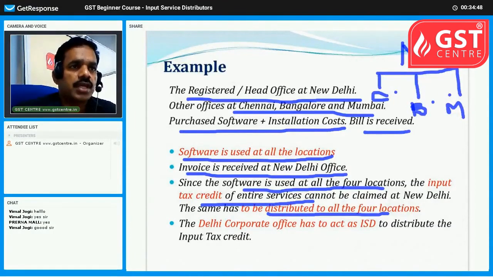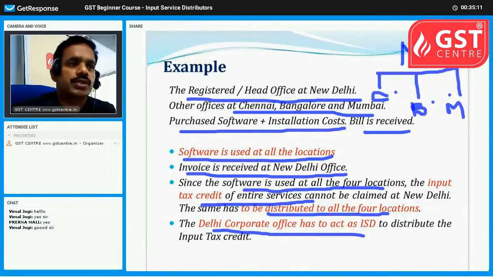Such offices can deduct input tax credit from their tax liability. Okay, so that advantage will be available to all offices. In this scenario, Delhi Corporate Office has to act as input service distributor, and Chennai, Bangalore, Mumbai are called as units.